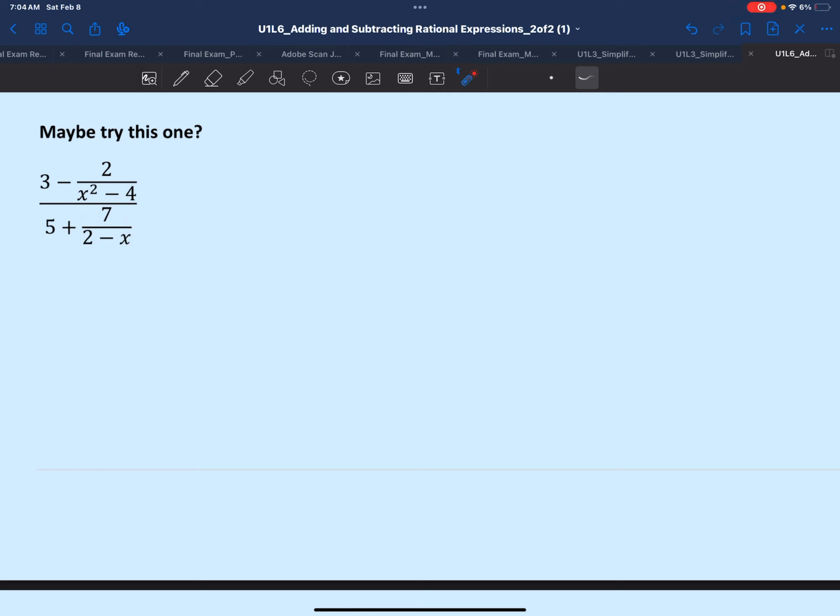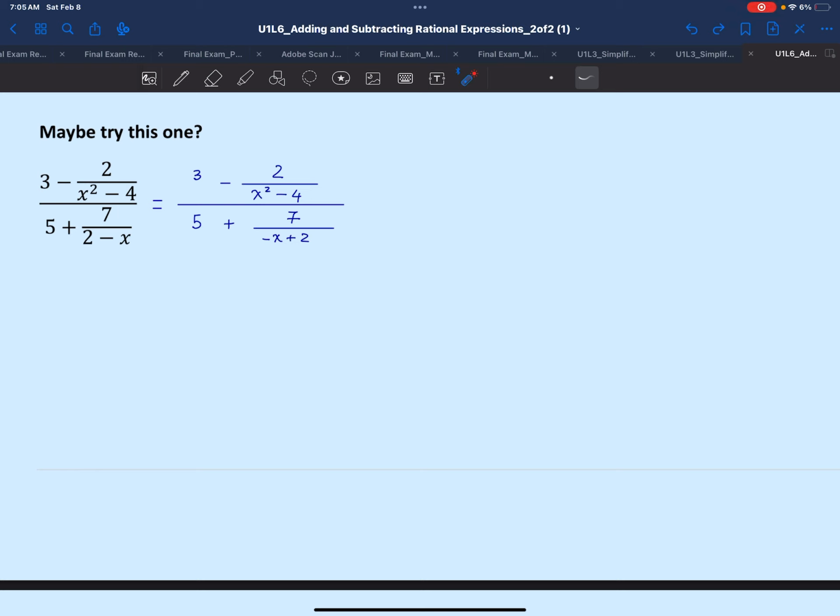The first step in this case would be to rewrite the expression so that we have room to combine these two terms in the numerator and combine the two terms in the denominator into a single rational expression. So what we have in here is 3 minus 2 divided by x squared minus 4, and then all of it divided by 5 plus 7.